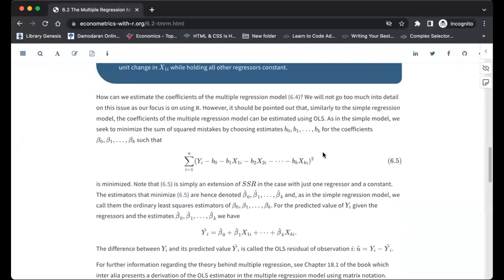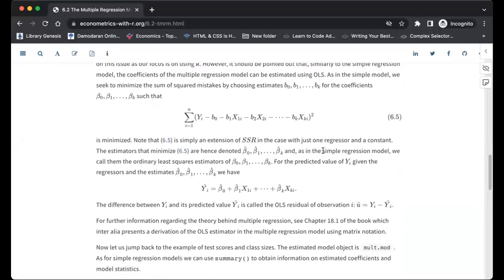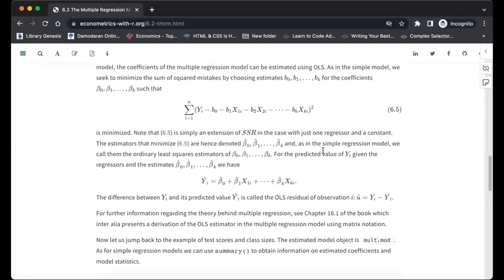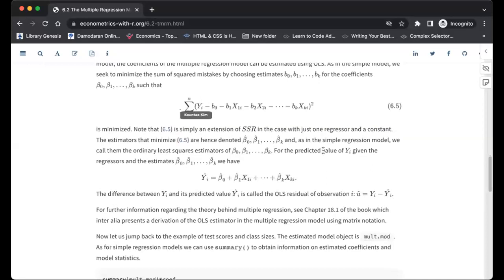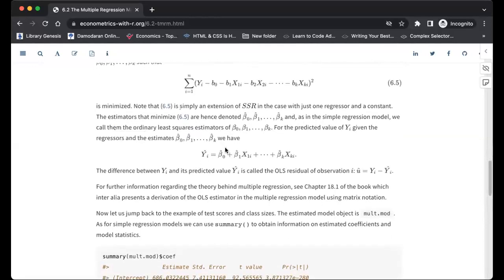As in the simple model, we seek to minimize the sum of the squared mistakes by using the estimates b0, b1, up to bk for the coefficients beta 0, beta 1, and so on.